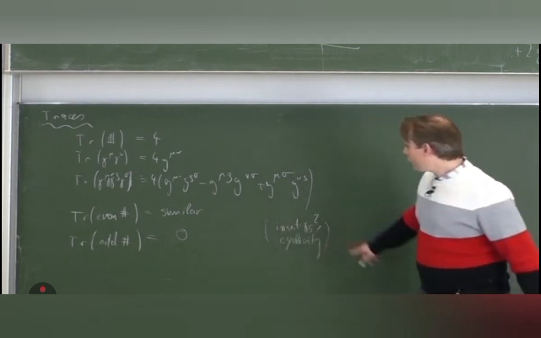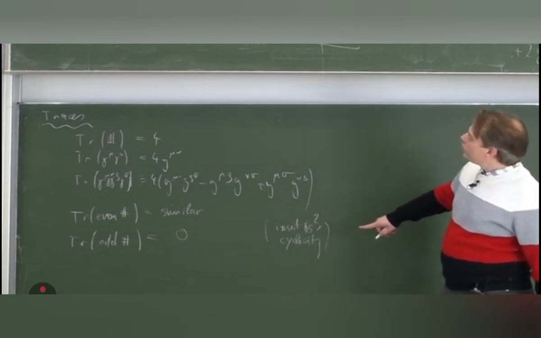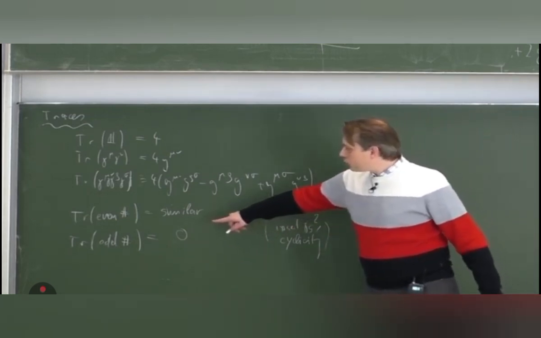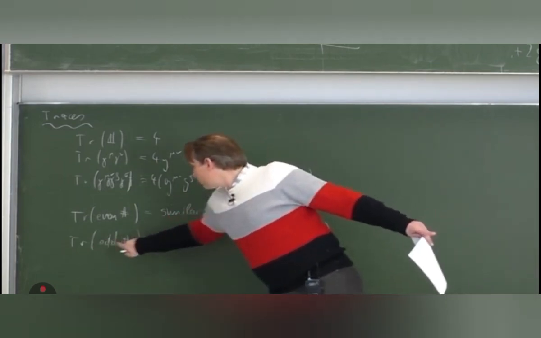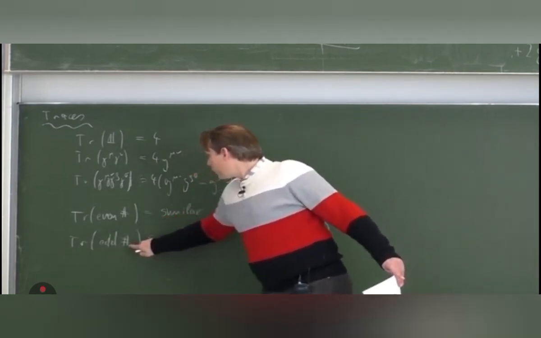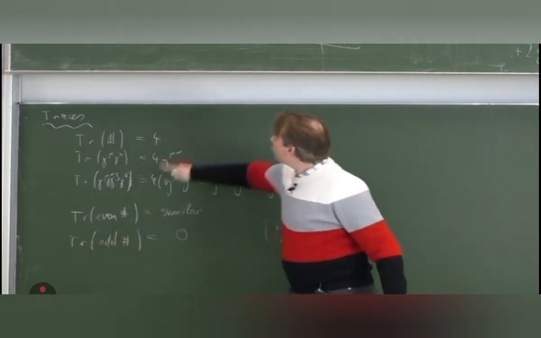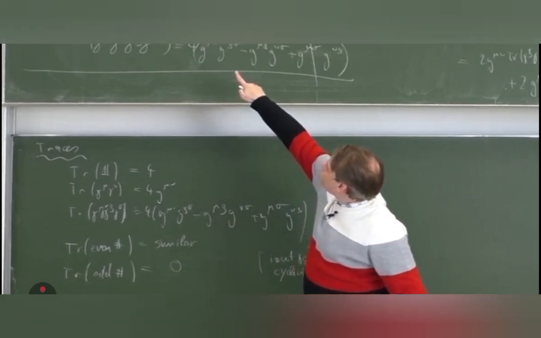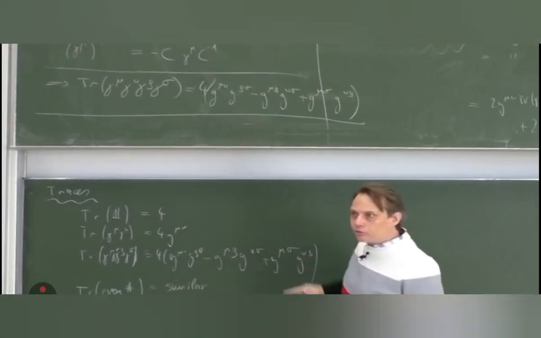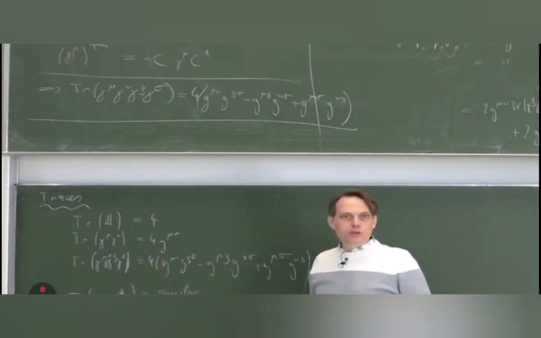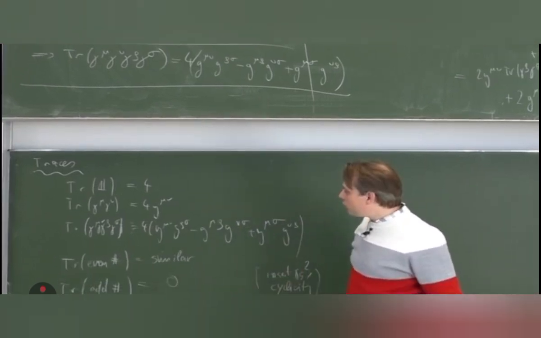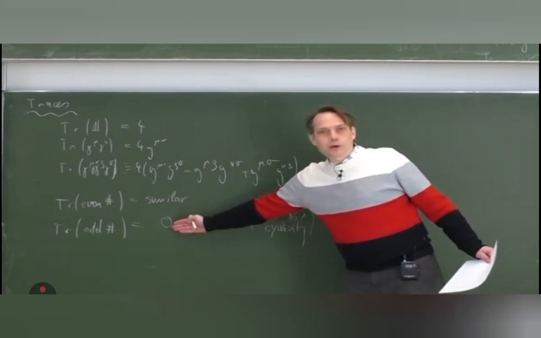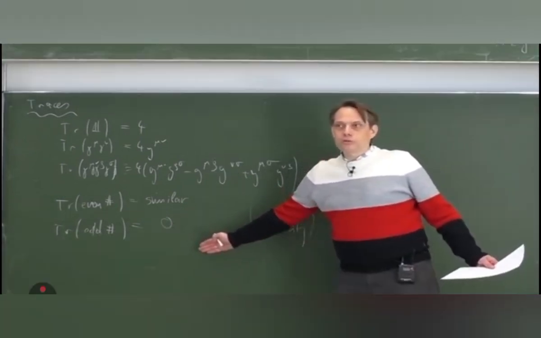Then you have gamma 5 at the two opposite ends of the trace, and then you use an odd number of times the anti-commutator of gamma mu with gamma 5, and then you see that the trace must be equal to minus itself because of an odd number of anti-commutation relations. And since it must be equal to minus itself, it must actually be 0.